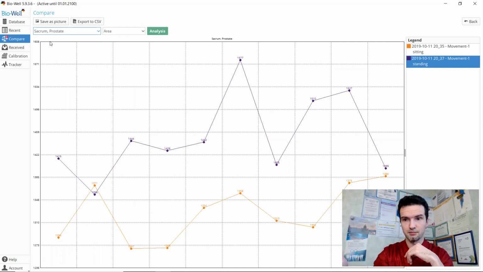There is difference between standing and sitting. So it's obvious when we're sitting, we're blocking the energy circulation. We're blocking the blood and lymph circulation there. So of course, these parameters shouldn't be the same in standing and sitting position.